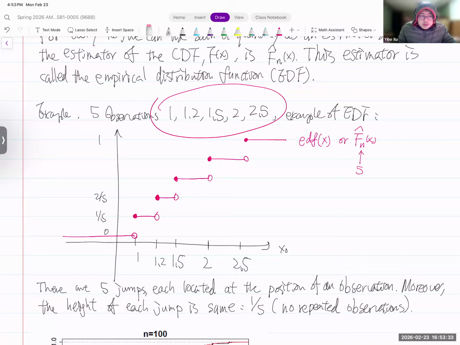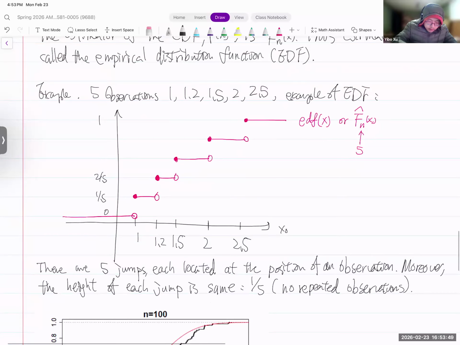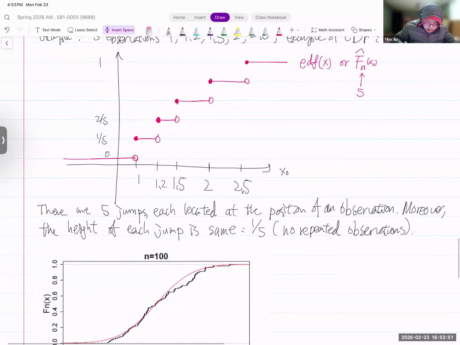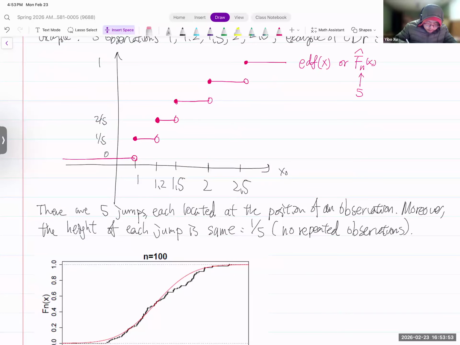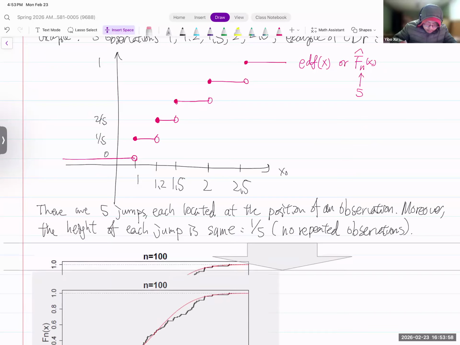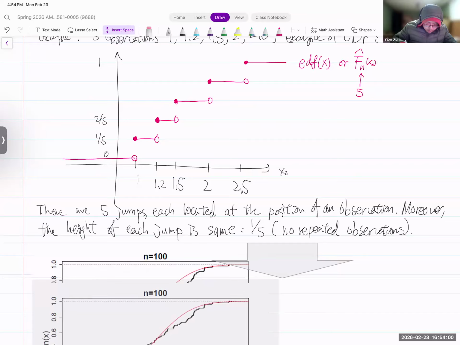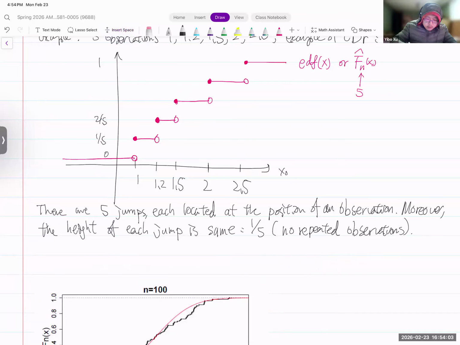We definitely would need to do a few such questions so that we can get familiarized with this kind of procedure. Of course, when more observations are used, we're going to see a nicer approximation of the CDF. That's the figure we're going to look at. So this is another example.